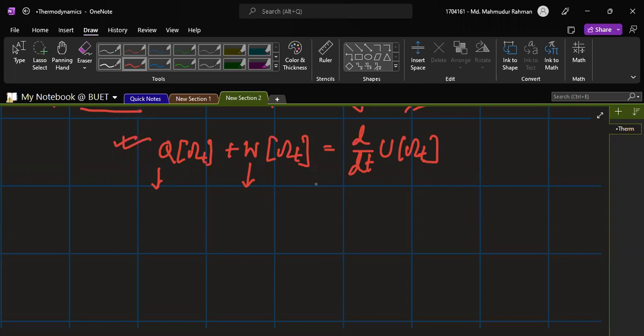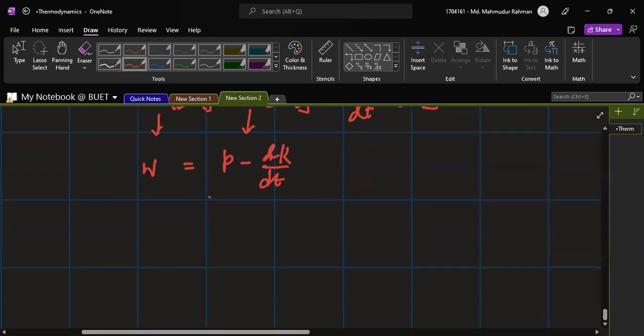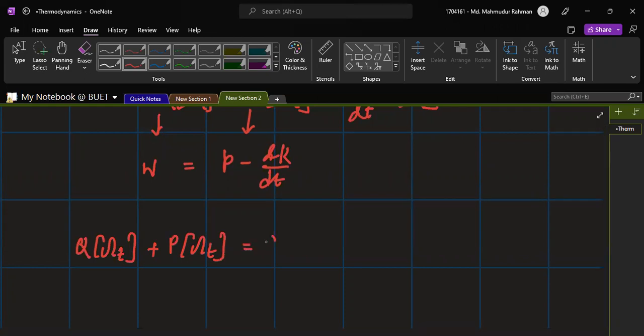But now we know that the net working, W, can be written as W equals P minus dK/dt. We're going to use this fact and substitute for W. That is Q of omega t plus P of omega t equals d/dt of U of omega t.